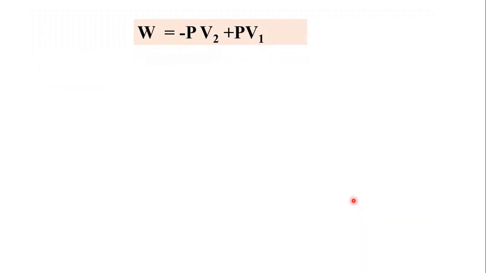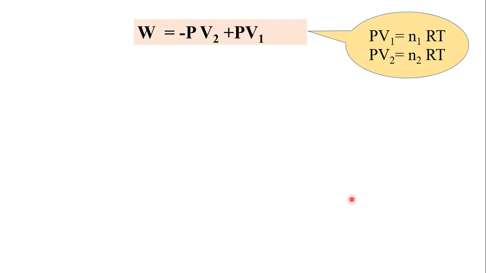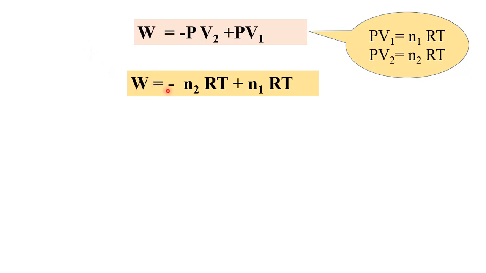If you substitute the values of PV2 and PV1 in this equation, then W is equal to minus n2RT plus n1RT.